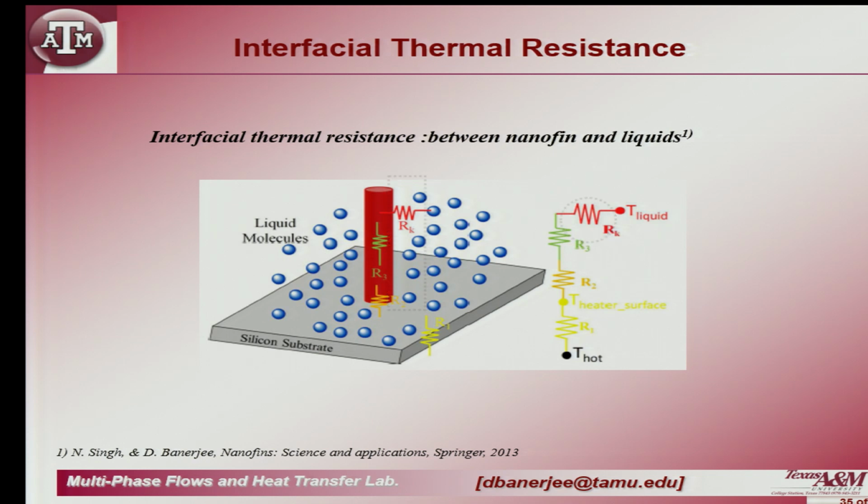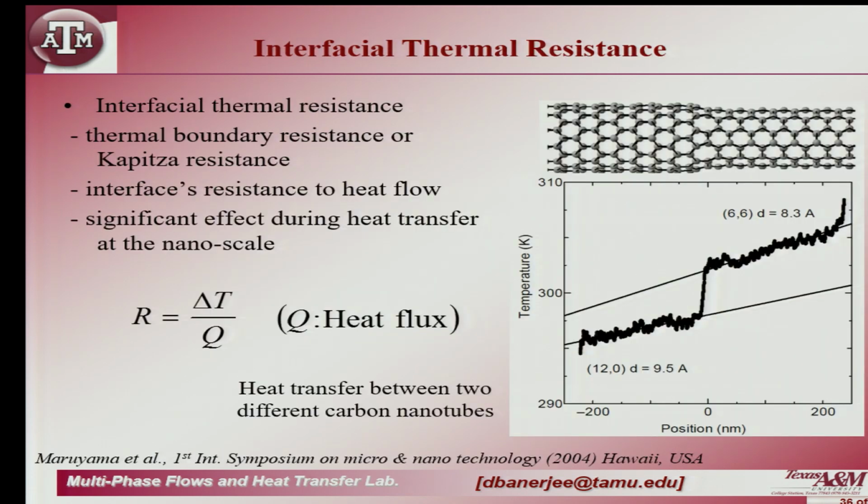But once I go to the scale where the dimensions of the solid surface are the same as the intermolecular spacing in your liquid, at that scale there is a temperature jump that happens going from the solid surface to the liquid surface. Does that make sense? Okay. And so, Kapitza was not able to explain it, but he reported that I am seeing this, and so that is why it is called Kapitza resistance.